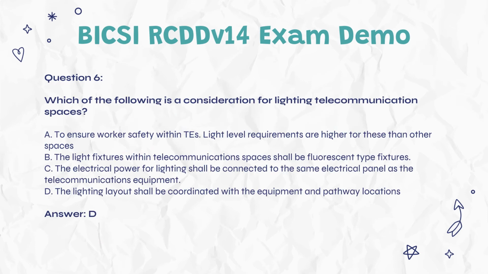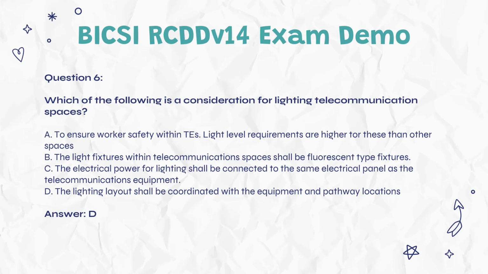Question 6. Which of the following is a consideration for lighting telecommunication spaces? A. To ensure worker safety within TEs, light level requirements are higher than in other spaces. B. The light fixtures within telecommunication spaces shall be fluorescent-type fixtures.